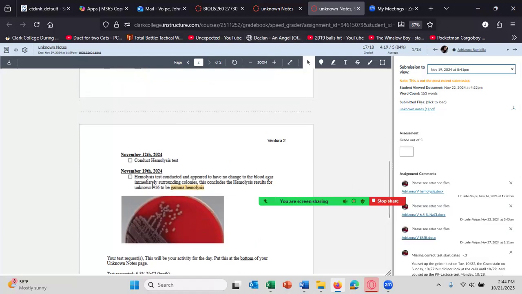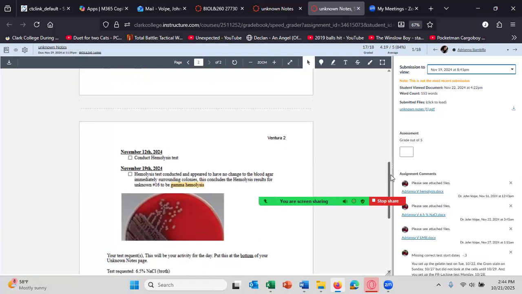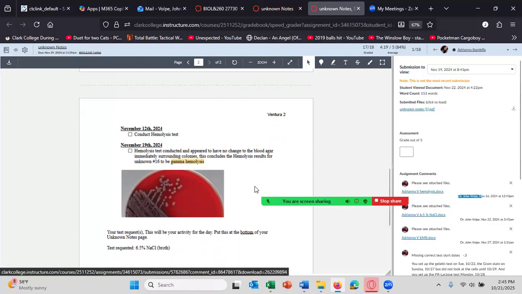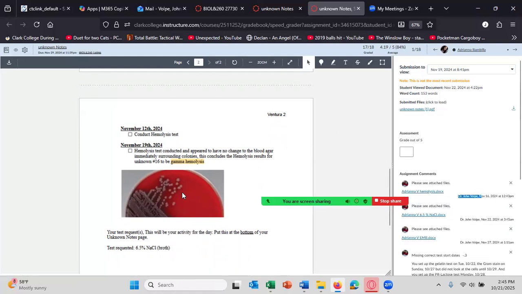November 19th is when the student put in the results, but I sent it to them November 16th. I sent the results, and then they put in the picture of the results and they gave the test request that they requested, and it looks like there's no change in the hemolysis test, and so they concluded that the conclusion is gamma hemolysis.